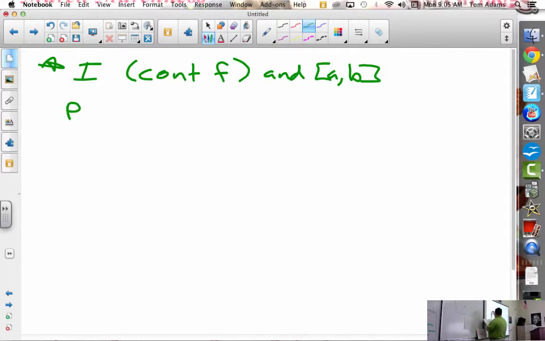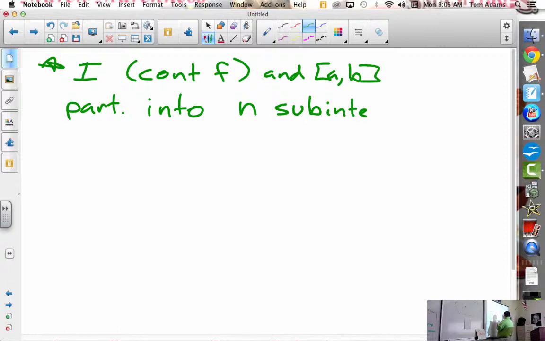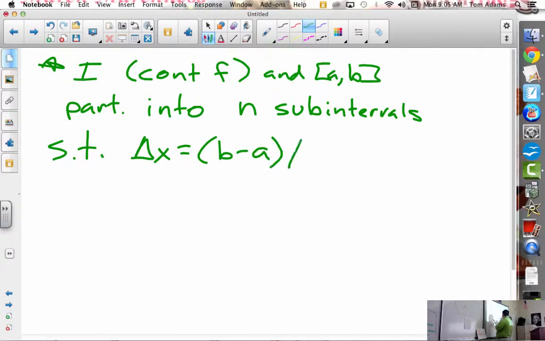And if it's partitioned, and I'm really going to abbreviate this definition, into n subintervals such that delta x is equal to b minus a divided by n.